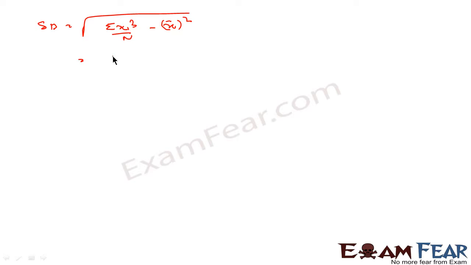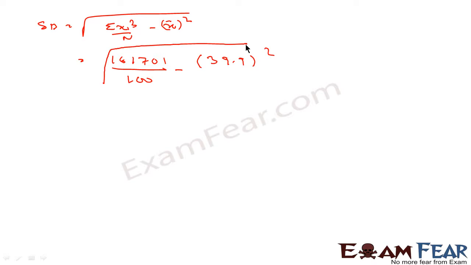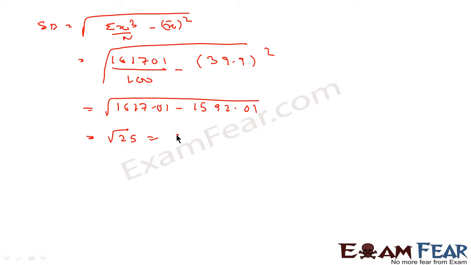The summation of correct xi square is 161701, n is equal to 100, minus the correct mean 39.9 square, and the whole thing is in the root. If we solve this, it becomes 1617.01 minus 1592.01, which is the root of 25, and the value is 5. So the correct standard deviation is 5.